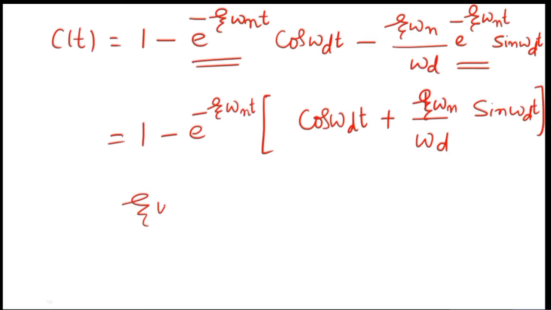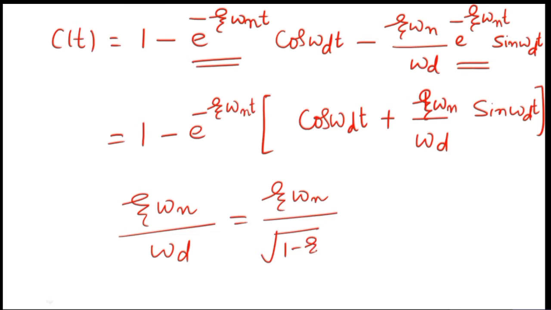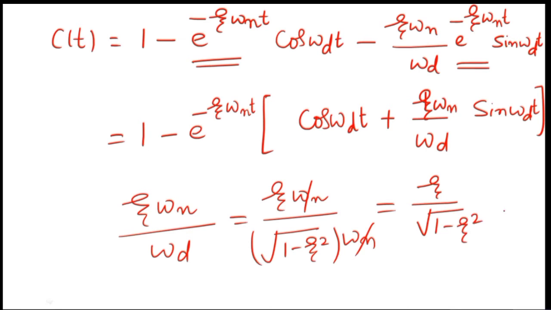Zeta omega n by omega d value is equal to zeta omega n by omega n into square root of 1 minus zeta square. These two will get cancelled, so you will get this value as zeta by square root of 1 minus zeta square.